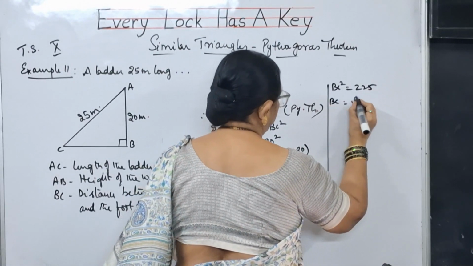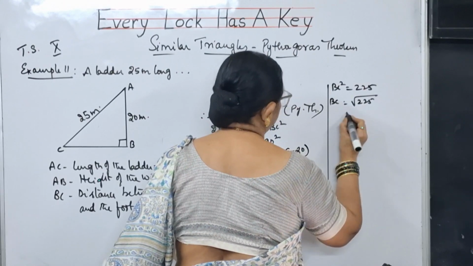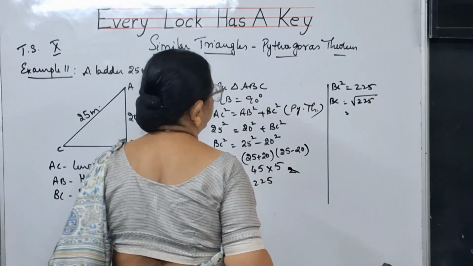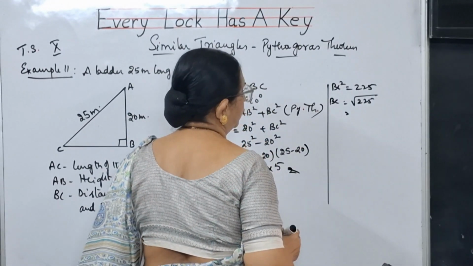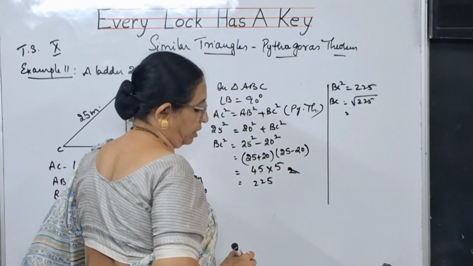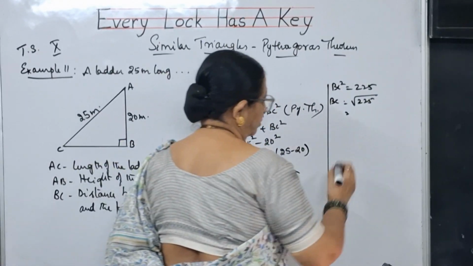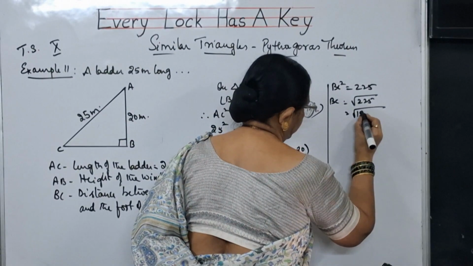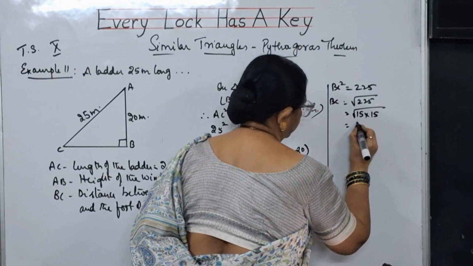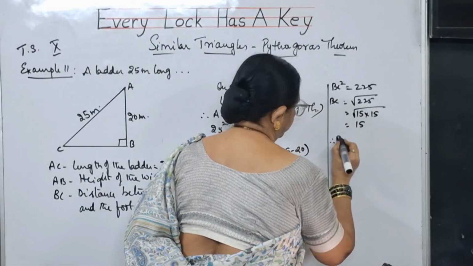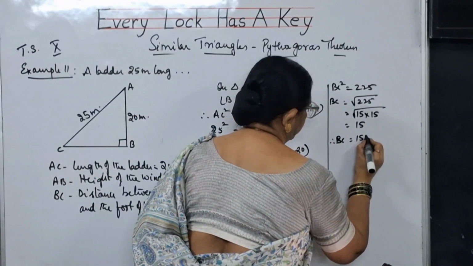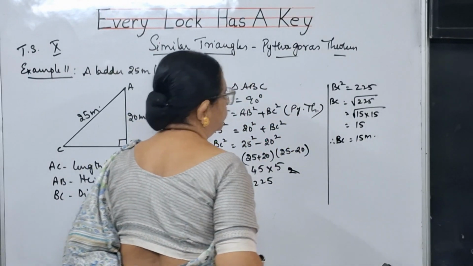What is BC? Root of 225. So root 225, children, is 15, since 15 into 15 is 225. This is the root of 15 into 15, that is equal to 15. Therefore, BC is equal to 15 meters. How did you get root 225?